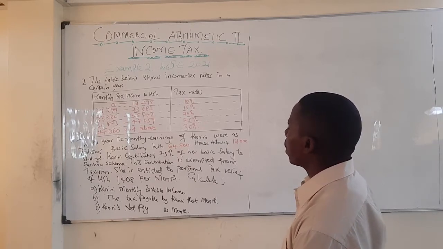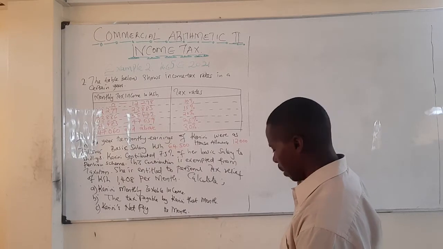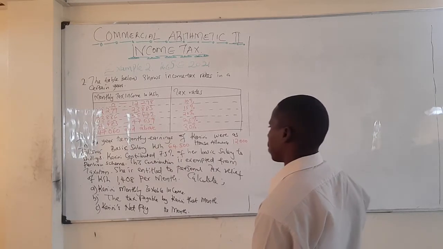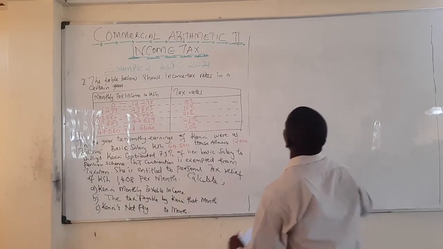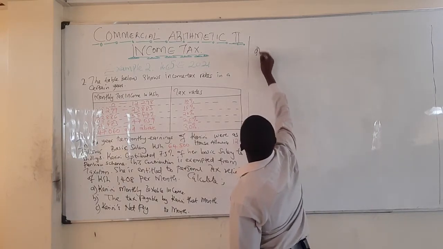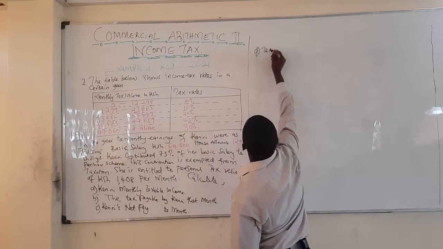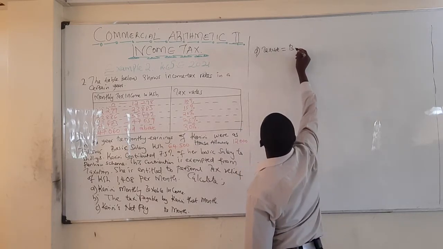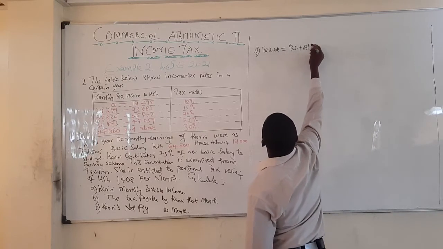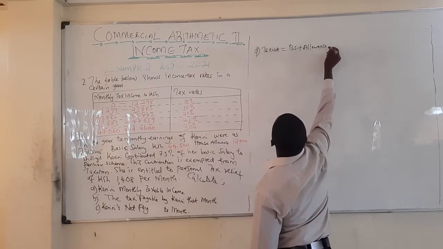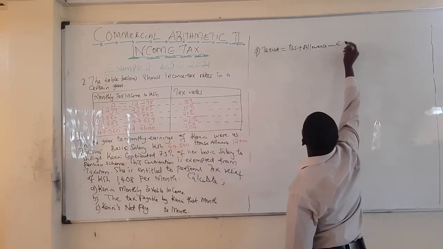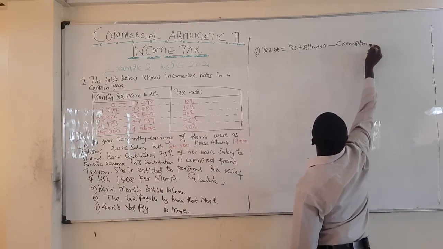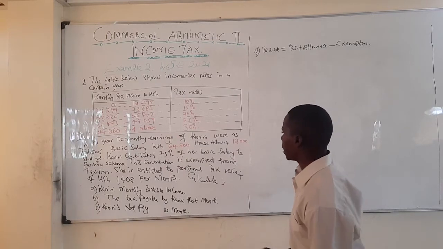So we start with number A. We are supposed to get the taxable income, and the taxable income is given by a formula: the basic salary plus allowances minus the exemptions. In our case, we have one, so we subtract that.